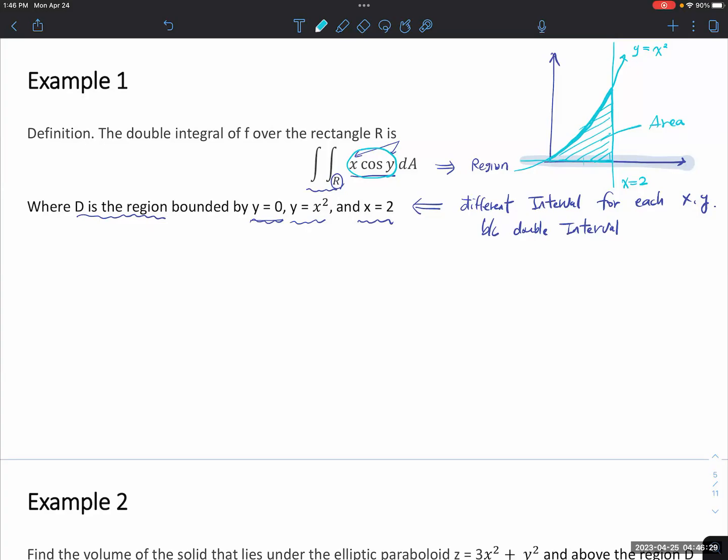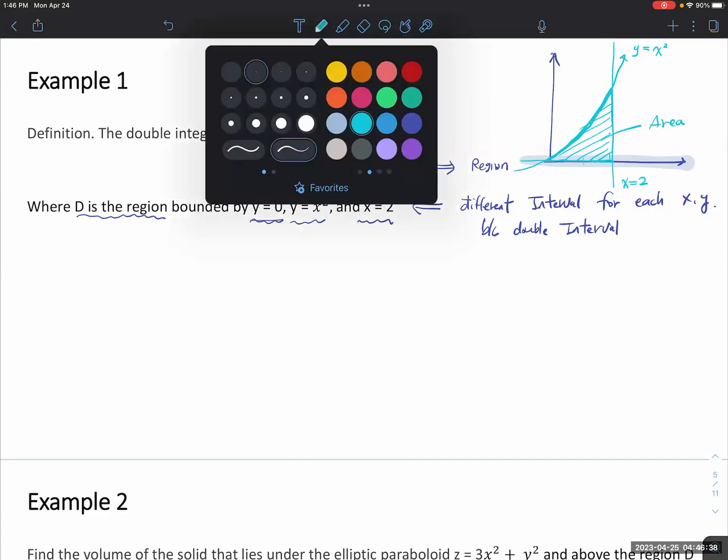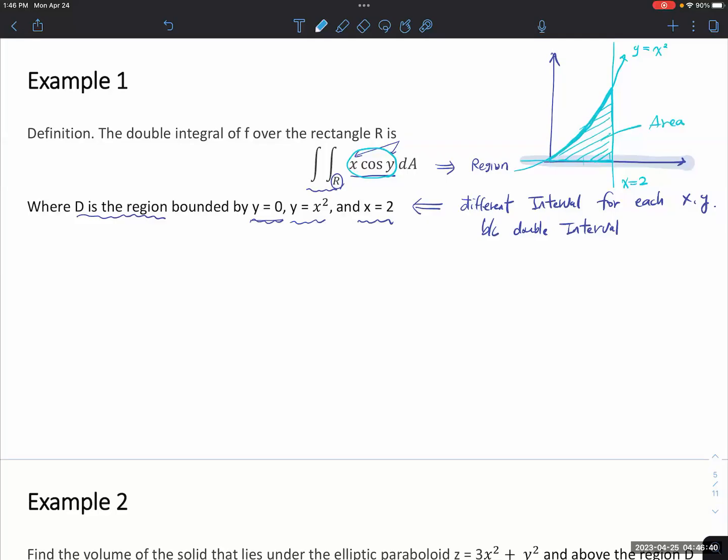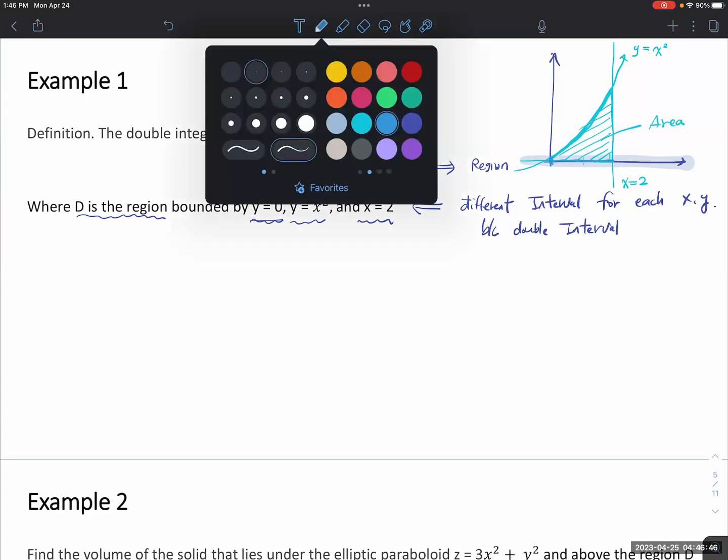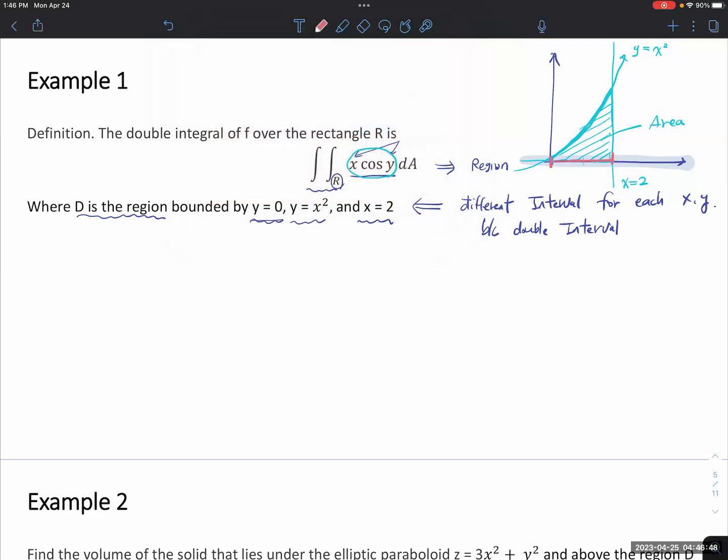What is going on? So this is the image, and I'm trying to find the region. Step 1, check which type of region. When you look at this image, you can see visually that the x-axis is fixed from 0 to 2. Am I correct?